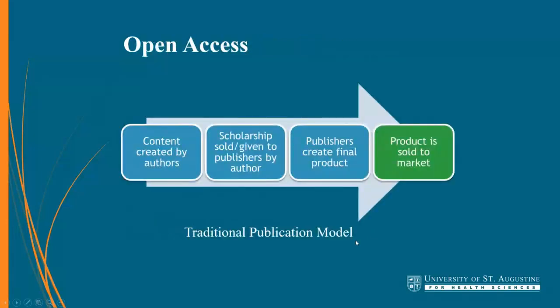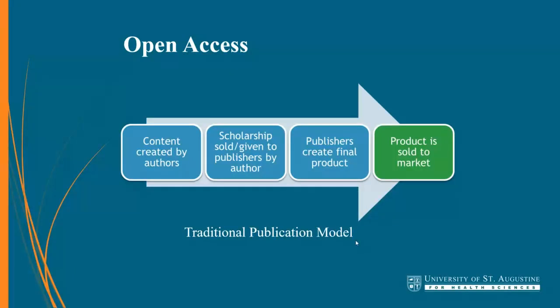Next up. So another thing to consider when you're evaluating journals for publication is open access. It's becoming more and more widely employed, particularly on the librarian side, but also on the author and researcher side.